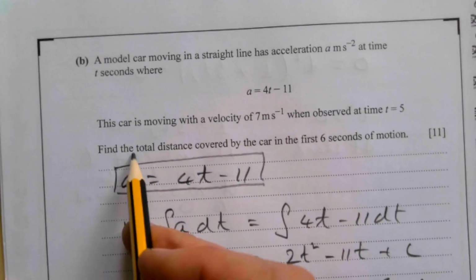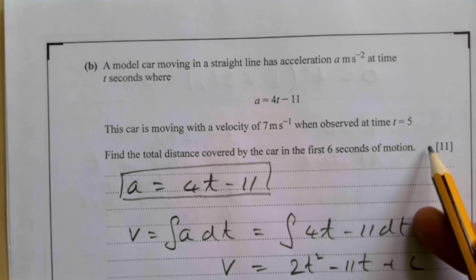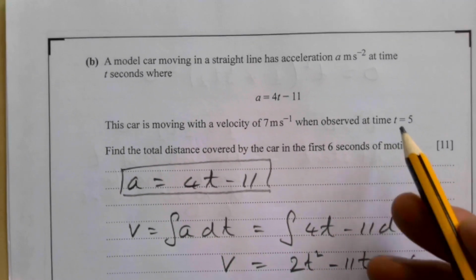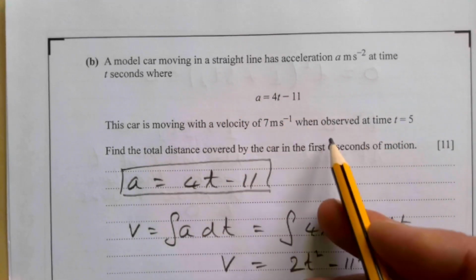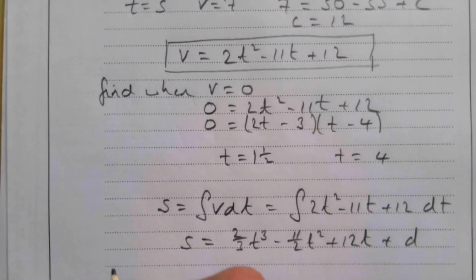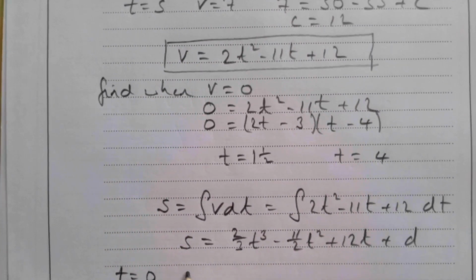We're trying to work out the total distance travelled by the car in the first 6 seconds of motion. I'm really struggling to say that. So we know whenever the time is 0, we're going to just take our s to be 0 there. So whenever time is 0, our s is 0, and that means in this scenario our c is 0.